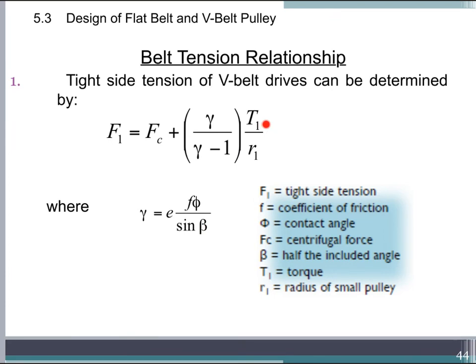Then T1 is the torque, and R1 is the radius of the small pulley.